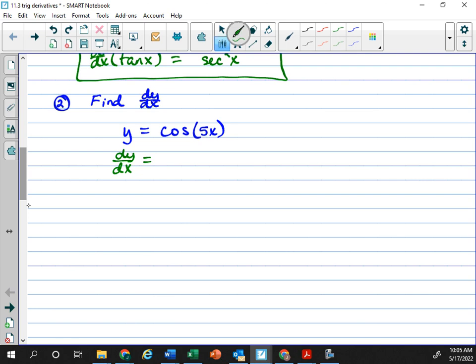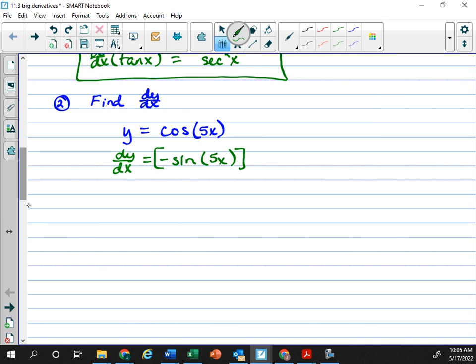What is the derivative of cosine? Okay, so we're going to have negative sine of 5x. You leave what's inside alone. And then what do you think I'm going to multiply all of that by? Close. Just 5, the derivative of the inside. Remember chain rule?